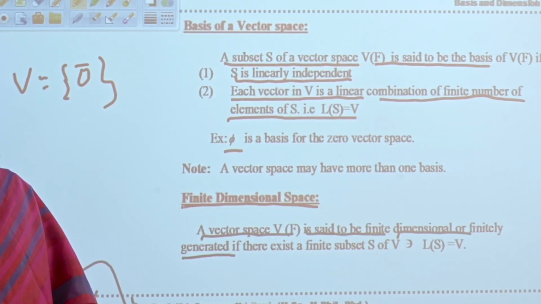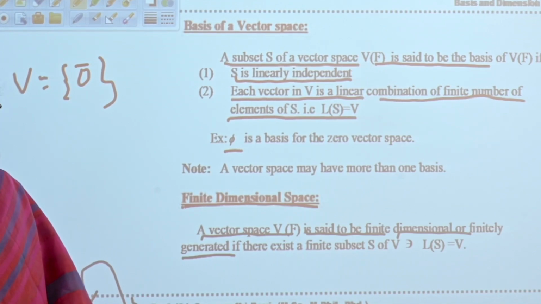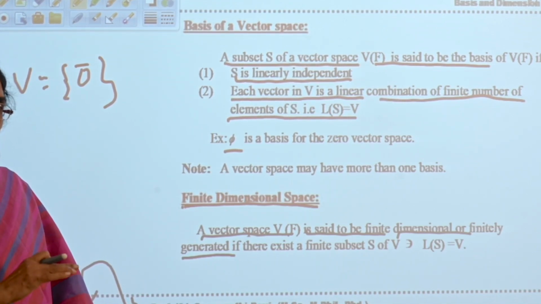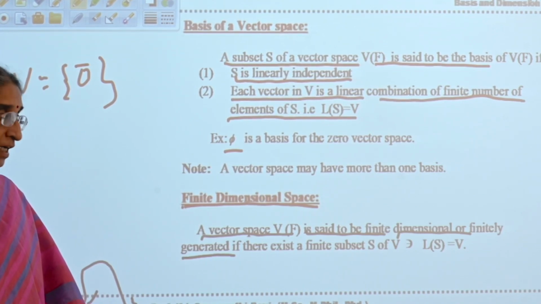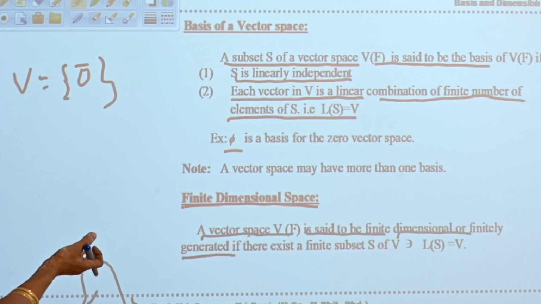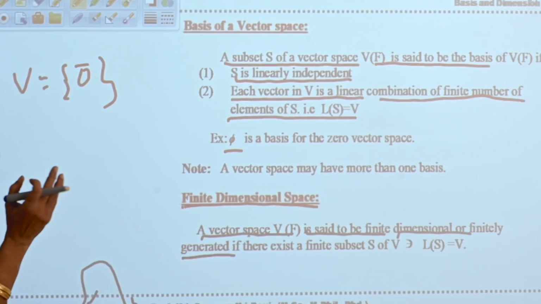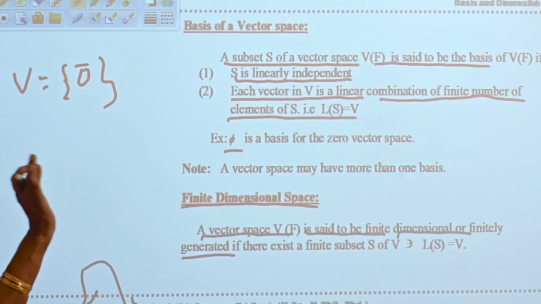Now when will you say that the vector space is finite dimensional? It is finite dimensional if it is generated by a finite subset S of V.